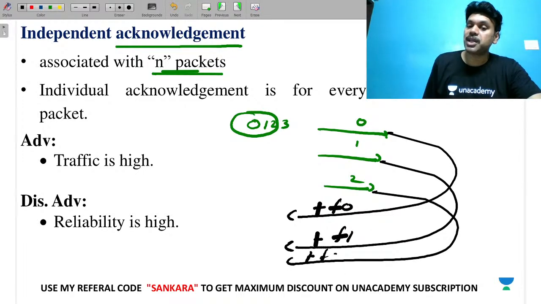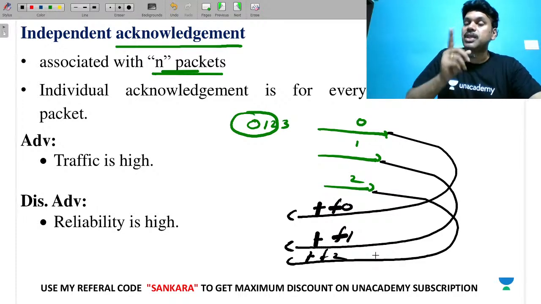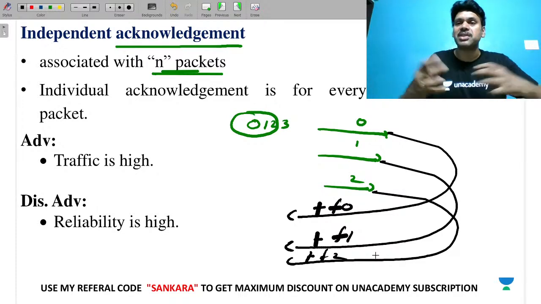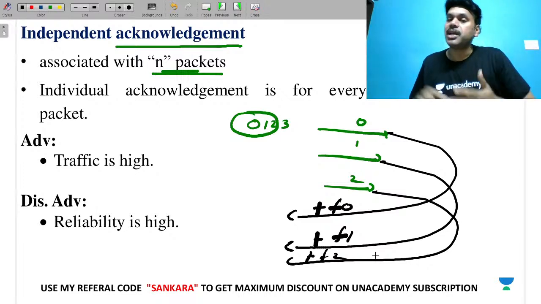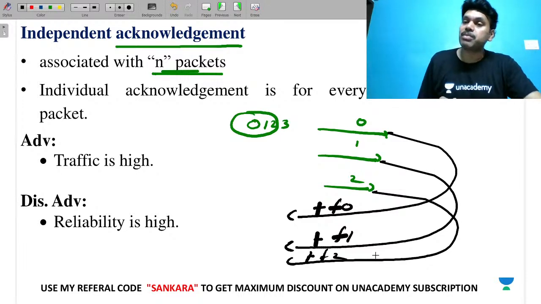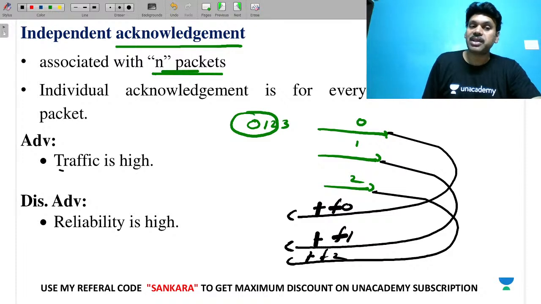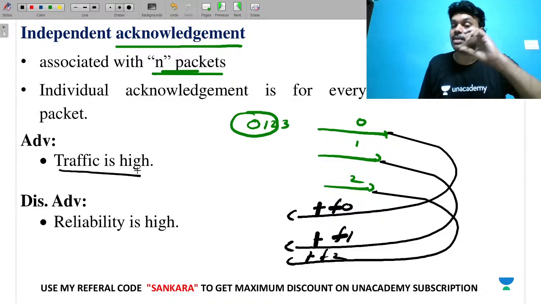This is the meaning of independent acknowledgement. Every frame is associated with one acknowledgement. Therefore, traffic is very high. You are sending data, and he is also sending an acknowledgement for each and every frame which he received. That's why traffic is high, but reliability is very high.